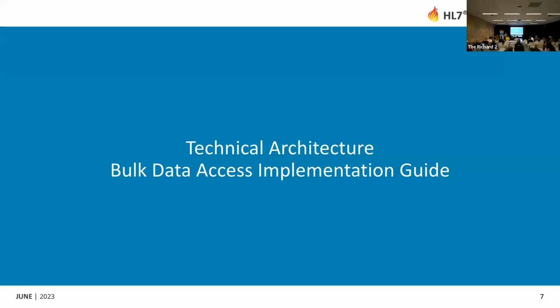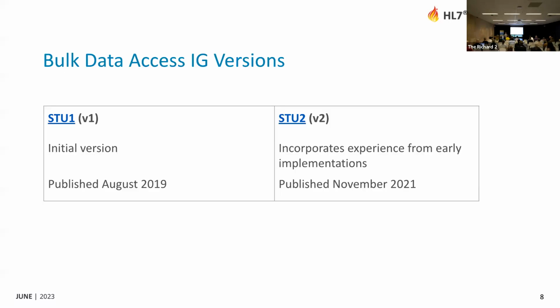So let's shift gears a little bit and talk about the actual flow in a bulk data export. There's two versions of bulk data. I think I mentioned this initially. There's version 1 that was published in August of 2019. And then as folks started implementing version 1, we realized that there were some things that could be improved.